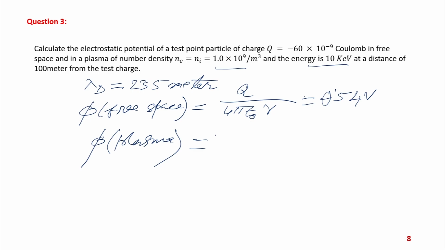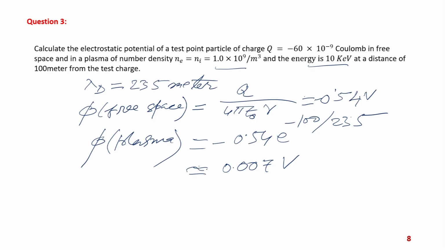It will be minus 0.54 and then e to the power minus 100 by 23.5. If you do that, you will have a value something like 0.007 volt. So, it is almost coming to 0.